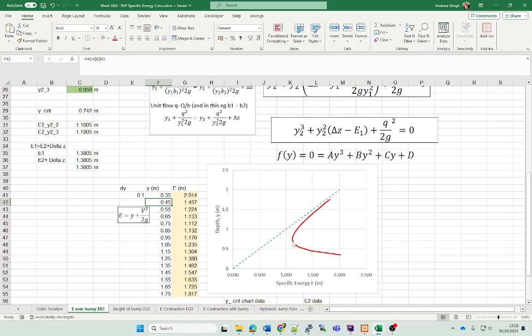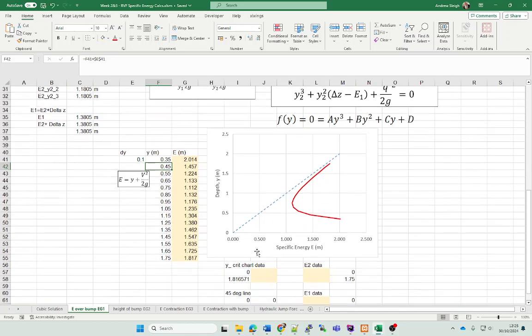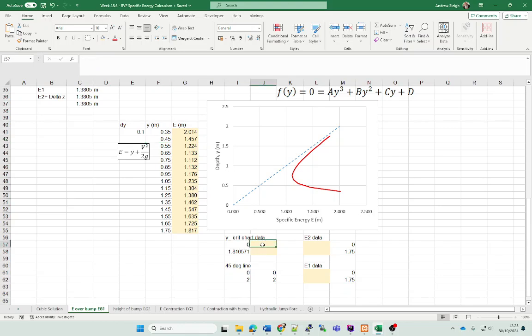For one thing, there's a line across here which we could put in to indicate critical depth. So critical depth on the data, we could choose some values in here. Well, in fact, we want a horizontal line, so I've chosen between 0 and the lowest value of E that we've got. So it's going to draw a line across here. Let's see, what is that critical depth?